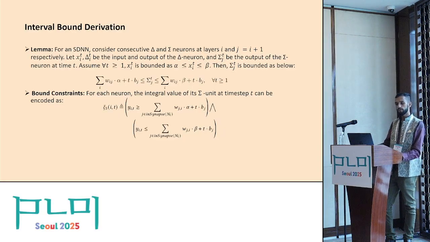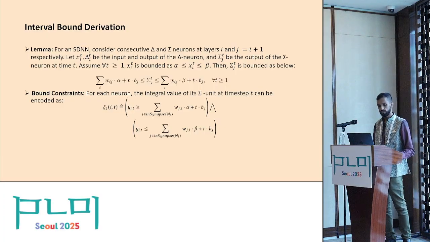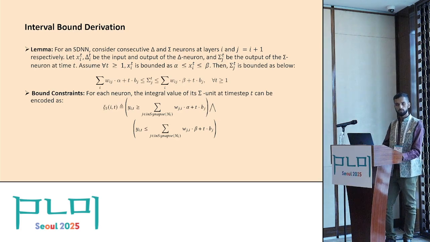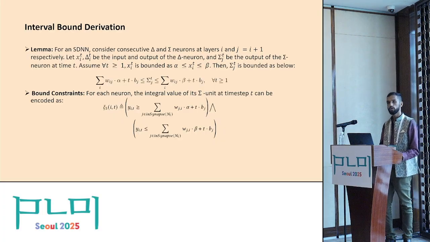Then for all t greater than or equal to 1, if we assume that x_i^t is bounded by alpha and beta, then sigma_j^t has a lower bound, the summation over i of w_ij times alpha plus t times b_j, and an upper bound, the summation over i of w_ij times beta plus t times b_j, for all t greater than or equal to 1.